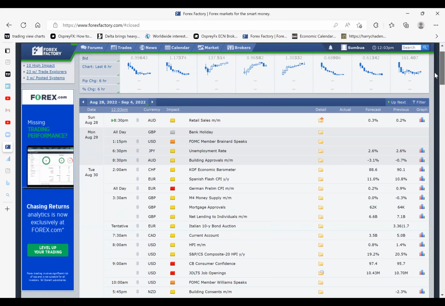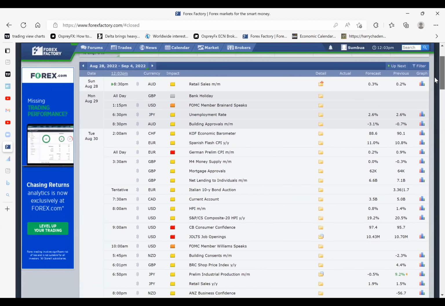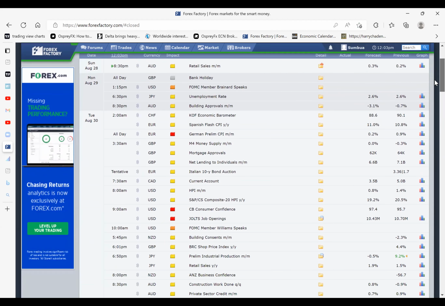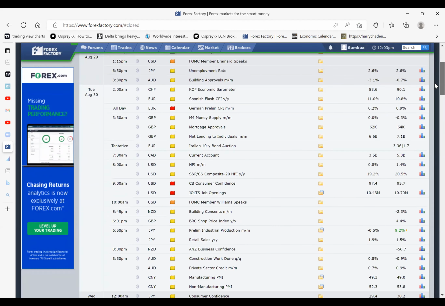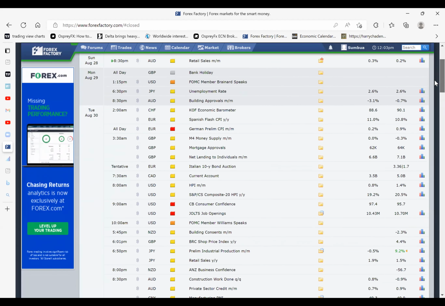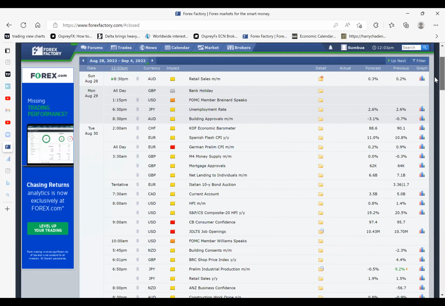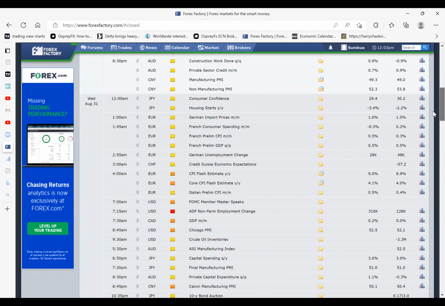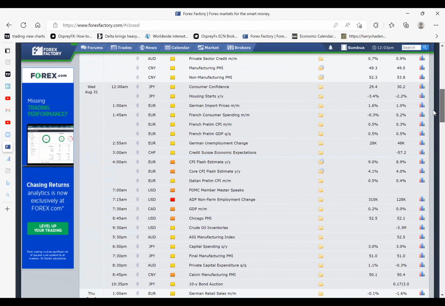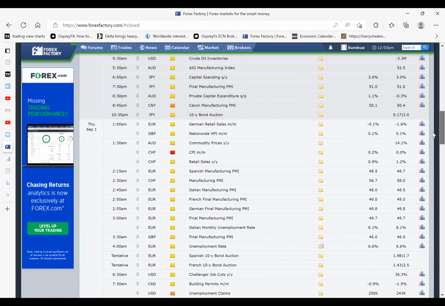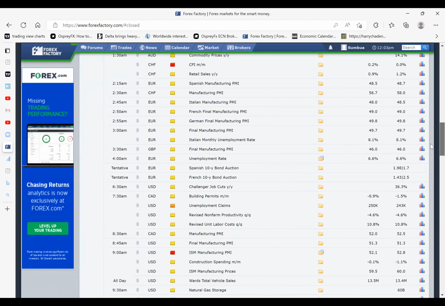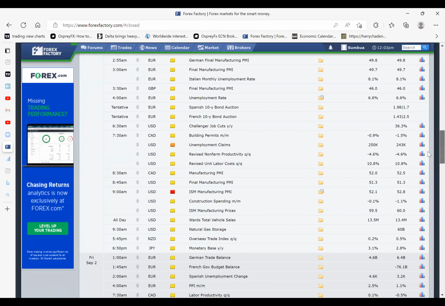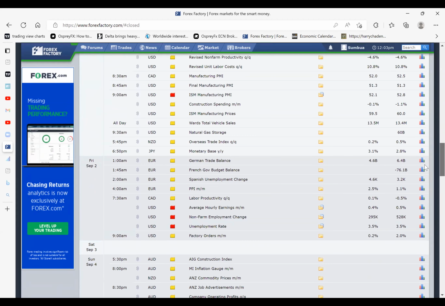Euro CPI. Wow. USD has news on Tuesday. What kind of news? Has news on Wednesday, the JOLTS job report. All these reports are going to come out in anticipation of NFP. I guess I'm not trading any of this.